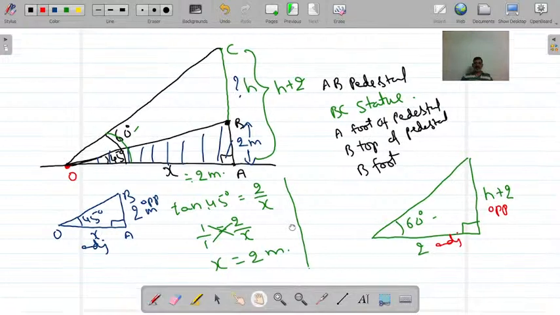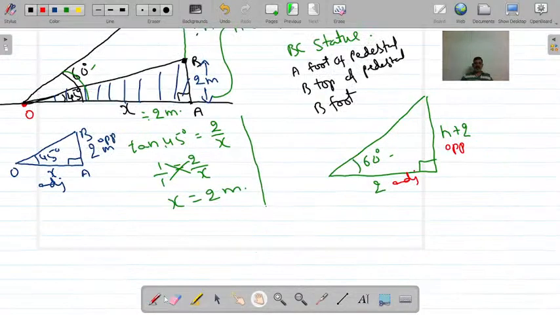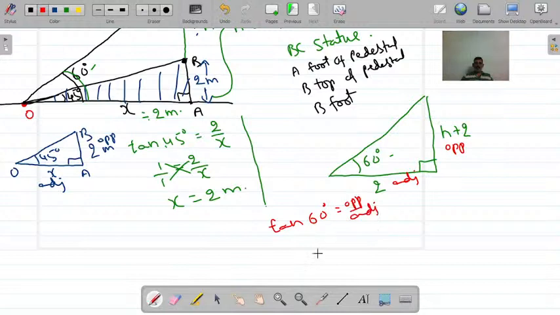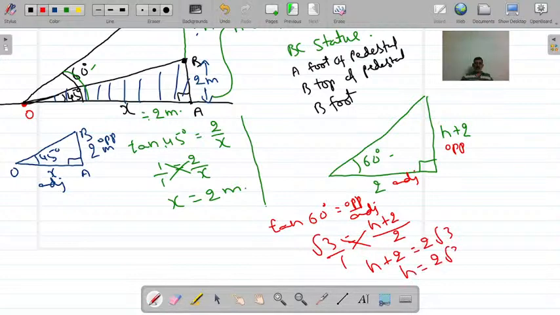So you can write tan 60 is equal to opposite by adjacent. What is tan 60? We know that it is root 3, equal to (h plus 2) by 2. Go for cross multiply. h plus 2 is equal to 2 root 3. So h is equal to 2 root 3 minus 2.